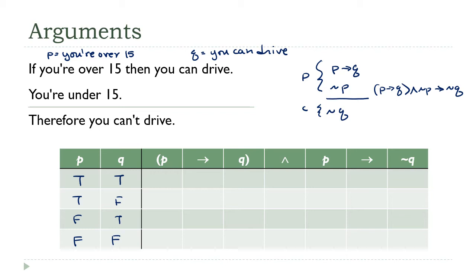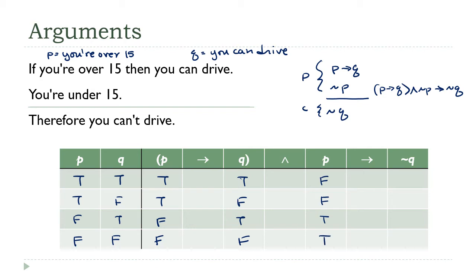Then let's copy things over. This is going to copy the P's: true, true, false, false. Then I've got a Q that's true, false, true, false. Then this is a not P, so that's false, false, true, true.